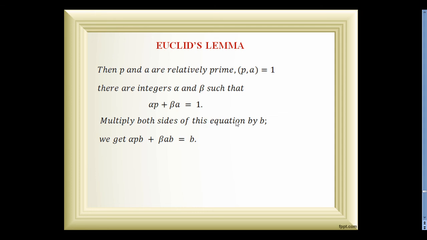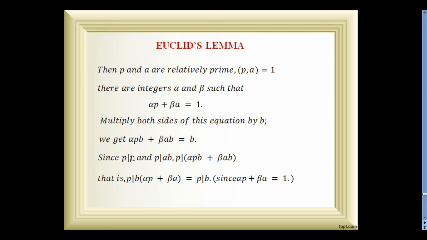Multiplying both sides of this equation by B, we get alpha PB plus beta AB is equal to B. Since P divides PB and P divides AB, then I can club these two, P divides alpha into PB plus beta into AB, which is the linear combination.